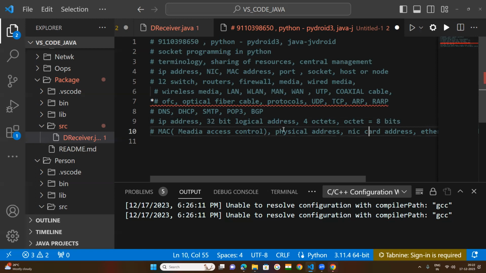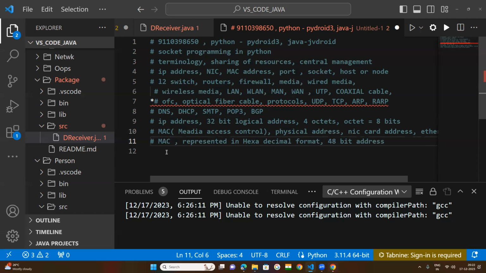This address is represented in hexadecimal format.